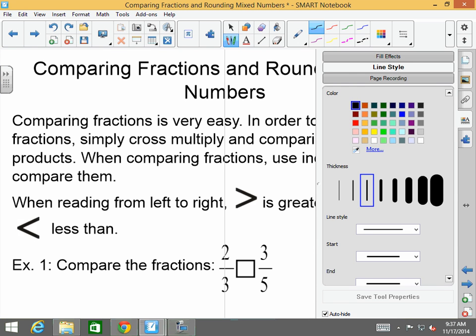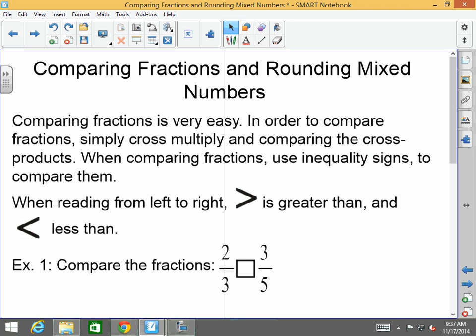Okay, now, comparing fractions and rounding mixed numbers. Comparing fractions is very easy. In order to compare fractions, simply cross multiply and compare the cross products. You compare fractions by cross multiplying and comparing the cross products. When comparing fractions, use inequality signs to compare them.